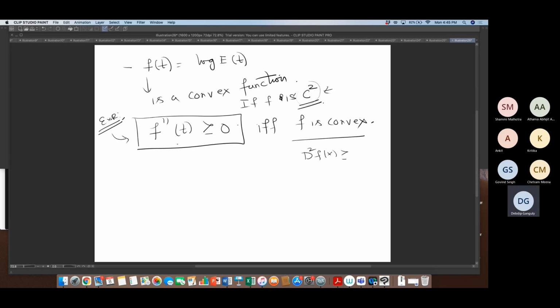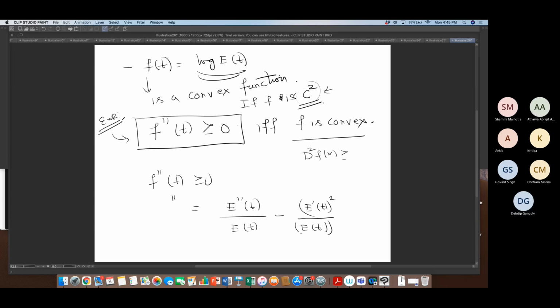Okay. So using this, you show that f double prime t is positive for this function. Here, if you take the derivative of f prime t, you will end up with something like this: e double prime t over e t, minus e prime t whole squared over e t squared.